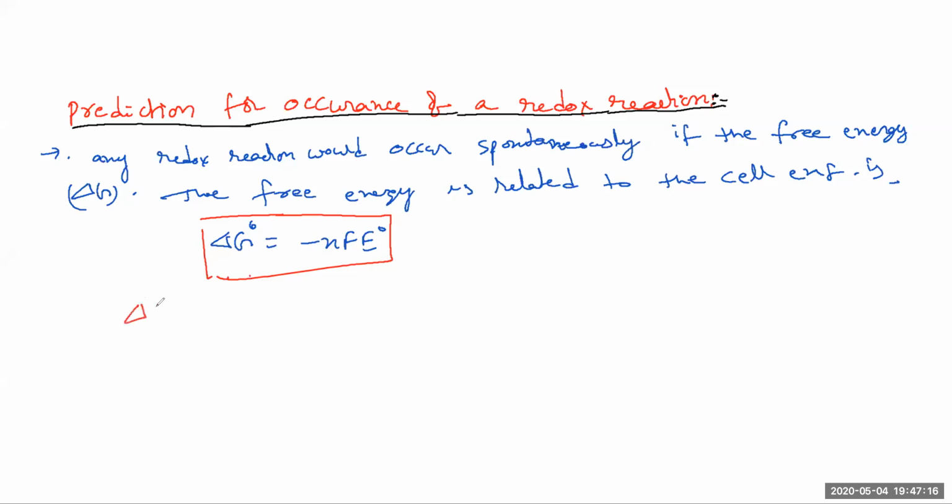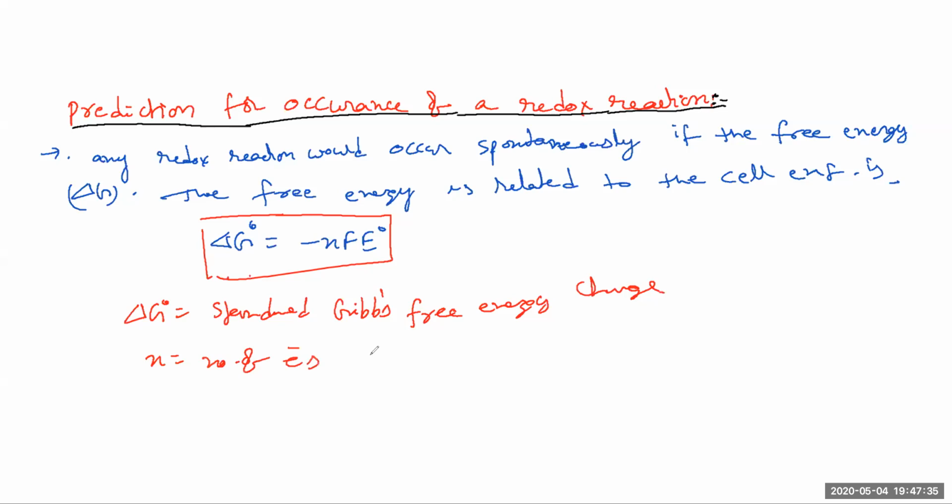Write down: delta G naught is equal to standard Gibbs free energy change, and N is the number of electrons exchanged between oxidant and reductant.